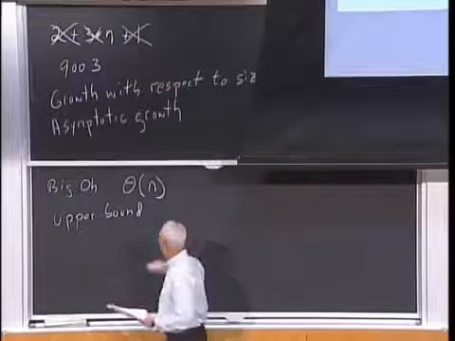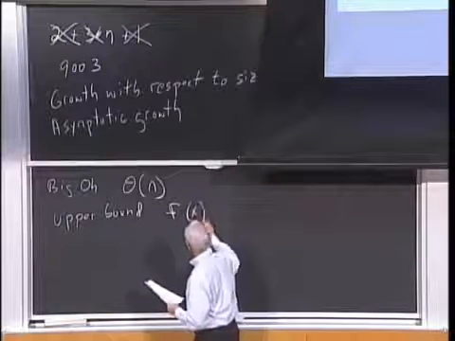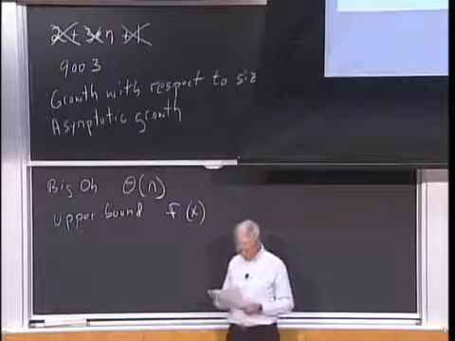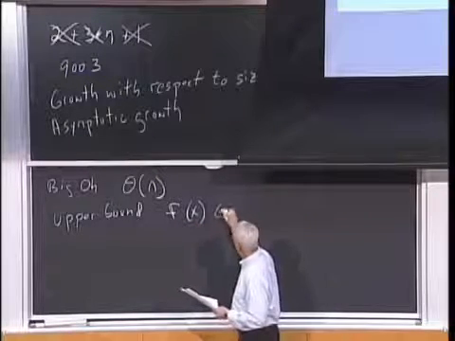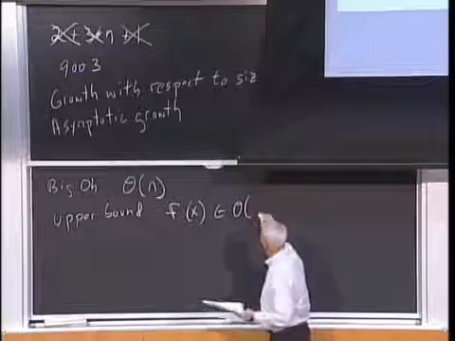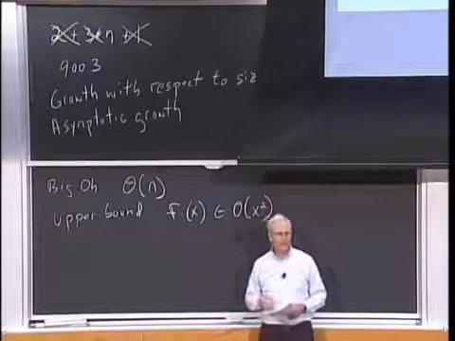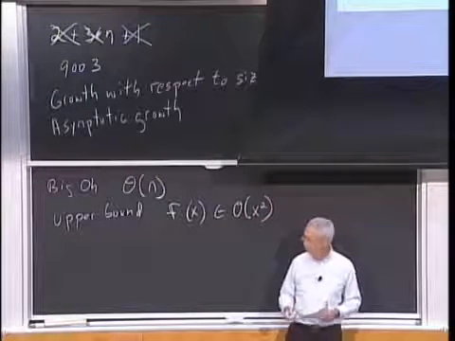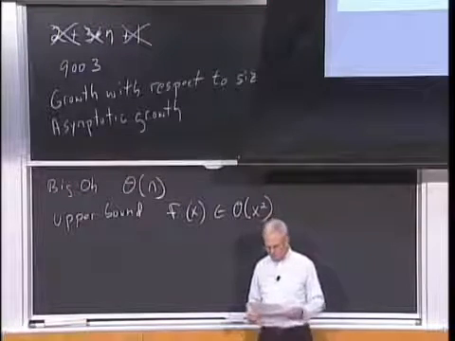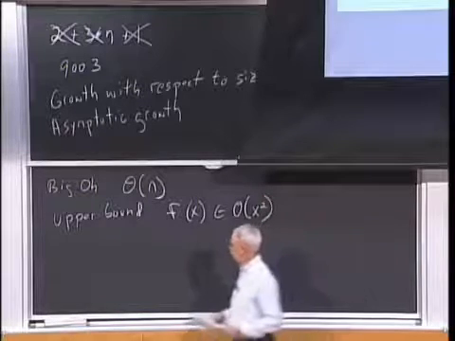So formally, we would write something like f of x, where f is some function of the input x, is order, let's say, x squared. That would say it's quadratic in the size of x. Formally, what this means is that the function f, I should probably write this down.